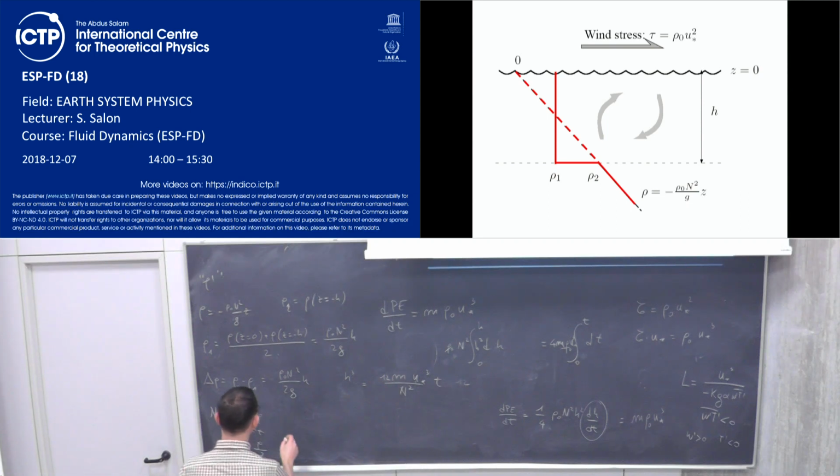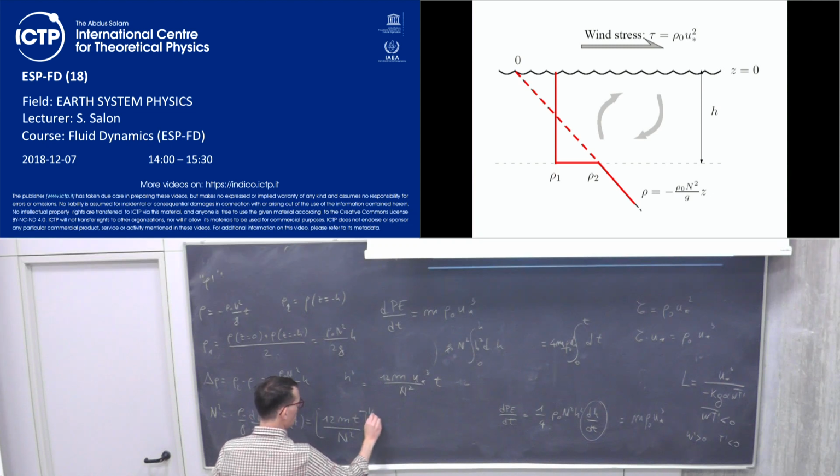And at the end, we can write that our h dependent on time will be 12 m t over n squared to the 1/3 multiplied by u star.